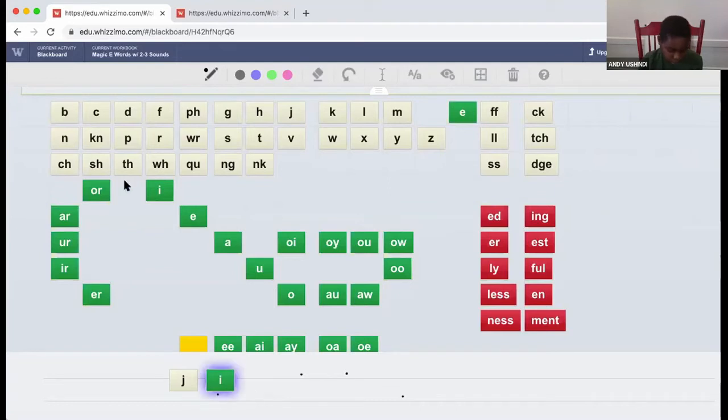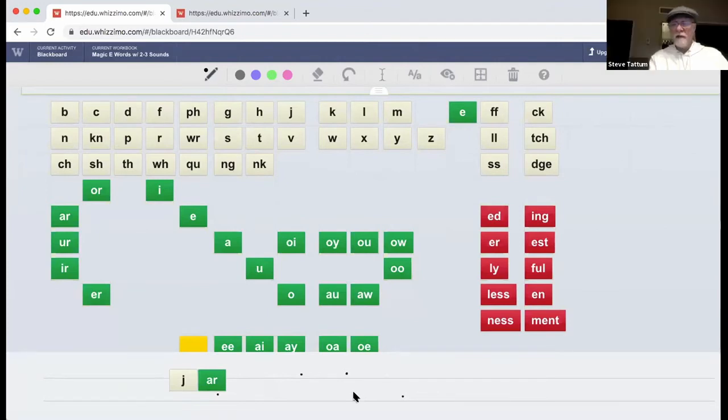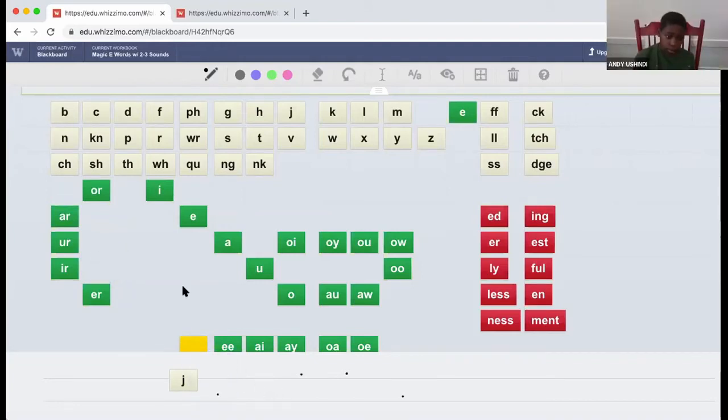Jar. So this is a new syllable we introduced today. It's called our family. You know the open, closed, silent E. This is a new one called the our family. That would say jar. What would this say? Jor. Good.